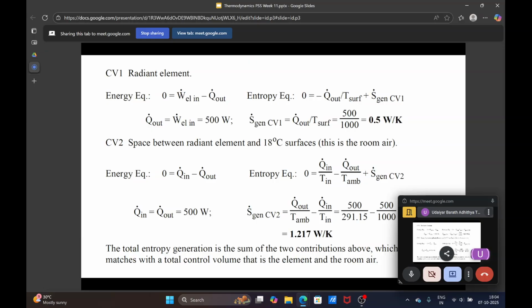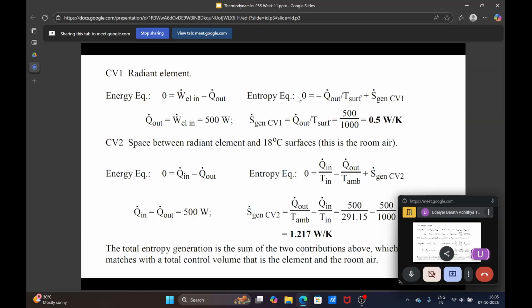Whatever work comes in will go out as heat. That's the phenomenon of an electric heater. That gives you the first energy equation: Q out equals the electric work provided, which is 500 watts.